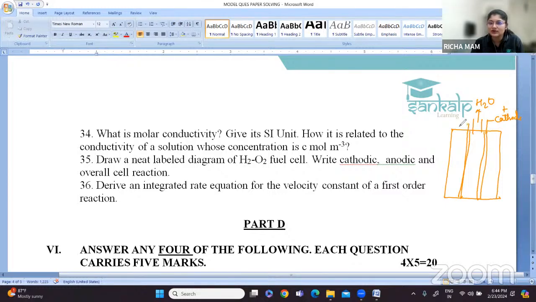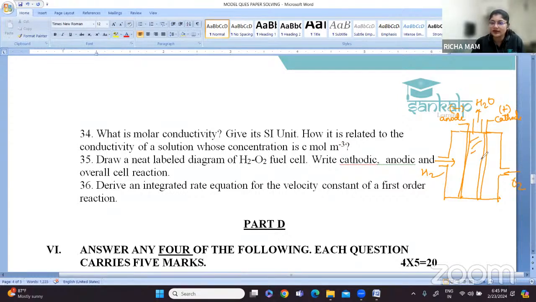Cathode means plus. And here will be the inlet, H2, and O2.